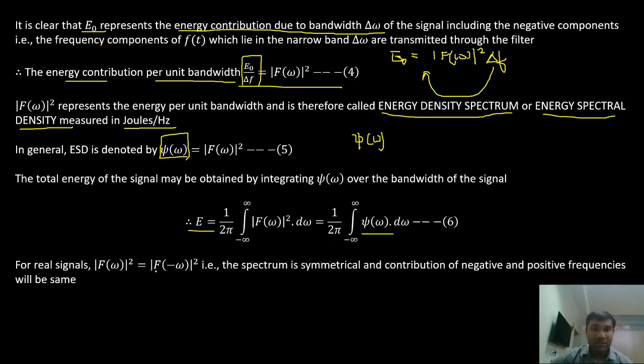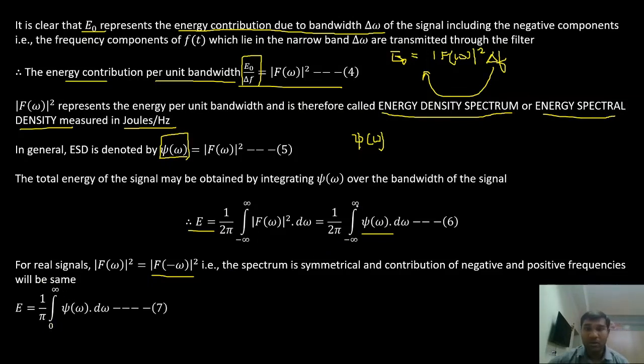For real signals, mod f of omega whole square will be equal to mod f of minus omega whole square. That is, the spectrum will be symmetrical and the contribution of negative and positive frequencies will be same. Since it is real and the contribution will be same, it is going to be an even signal.